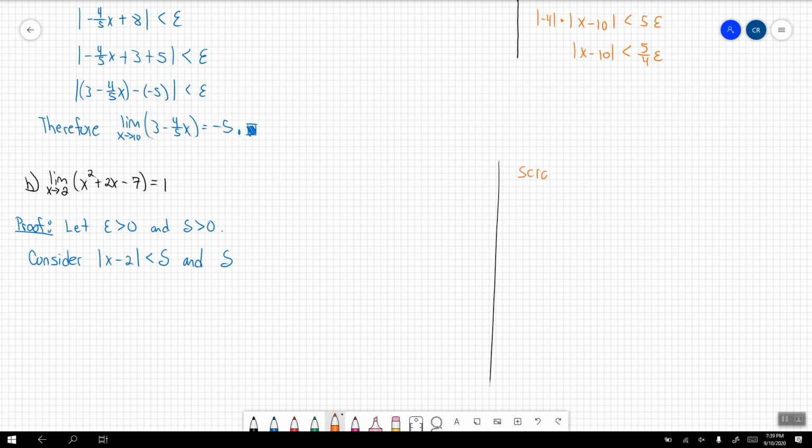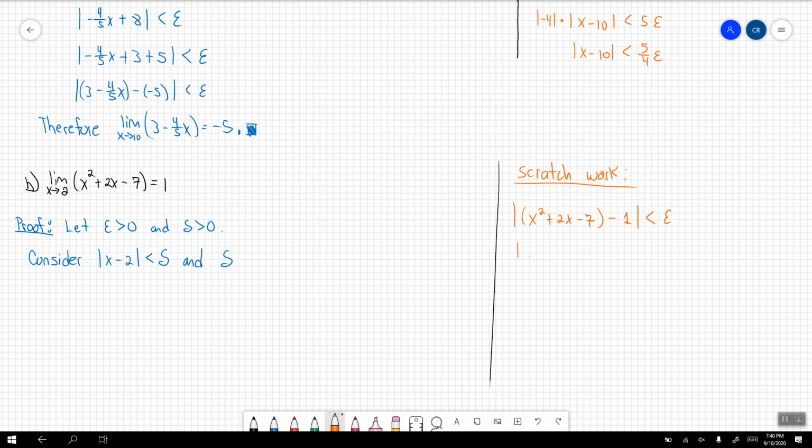So let's start working. All right, here we go. Remember, start off with your goal on the scratch work. Take your function, x squared plus 2x minus 7, and subtract the limit value, because again, what we want is that this specific distance between the function and the limit will be less than some epsilon.